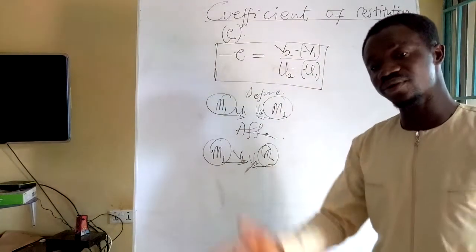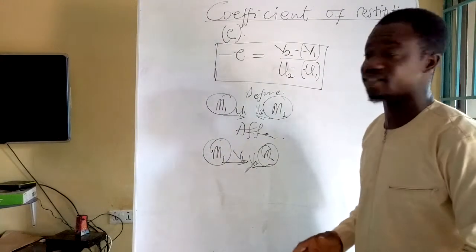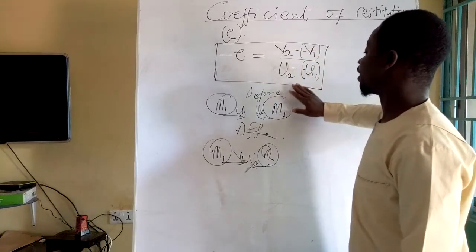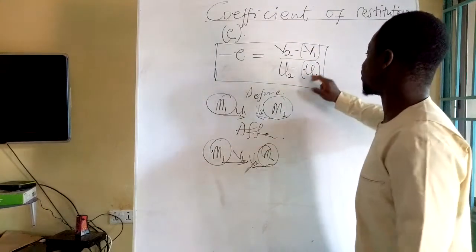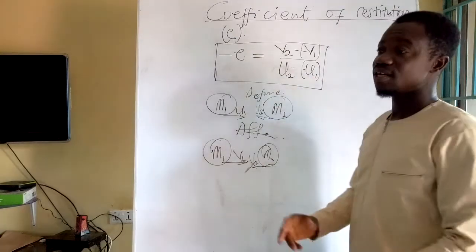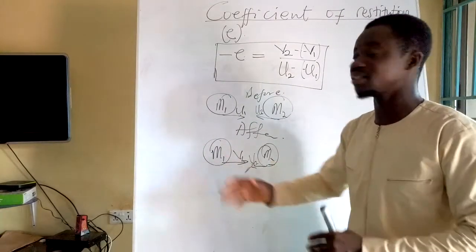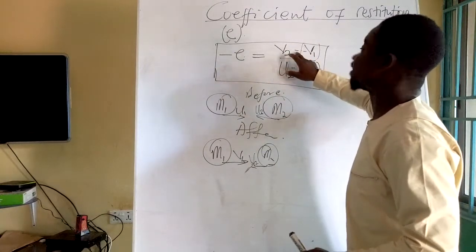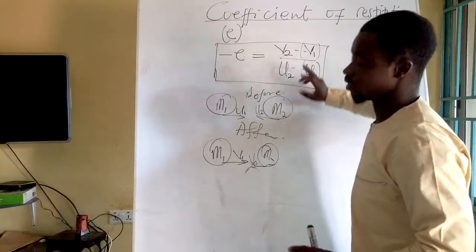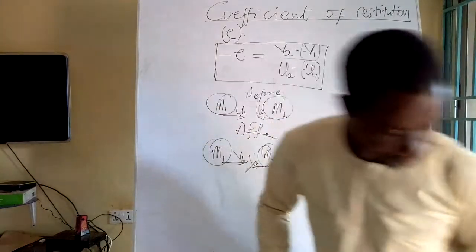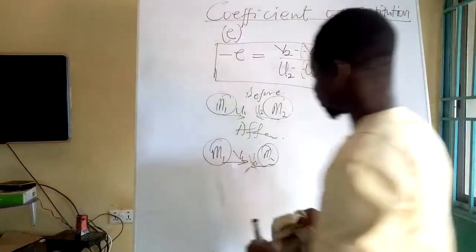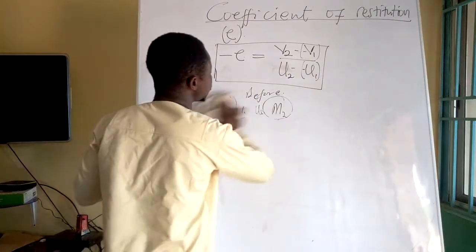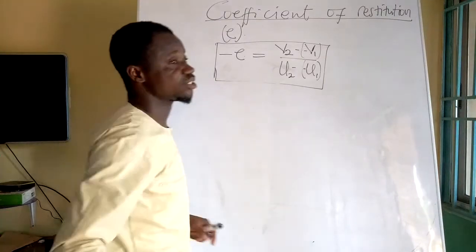So all that I'm trying to say is that when the two bodies initially move in opposite directions, then one of the velocities must be negative. If they initially move in the same direction, then both velocities will be positive. But the formula is such that we find a change, so these negatives are always here. So that is how we deal with coefficient of restitution.